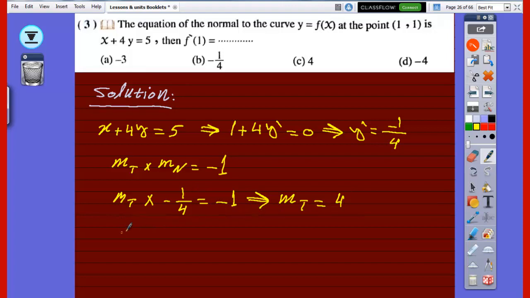So f dash of x equals 4. It means f dash of 1, it's constant here, no variable. So f dash of 1 also equals 4, and we choose letter C.